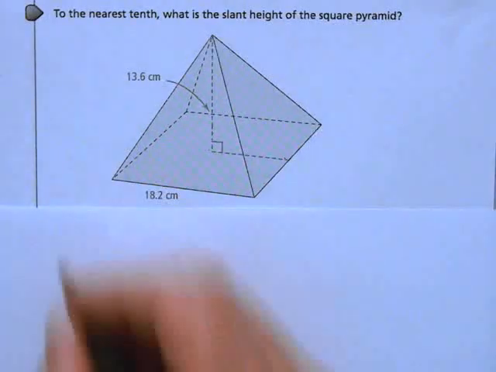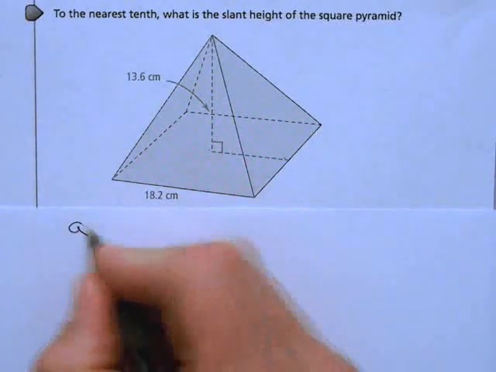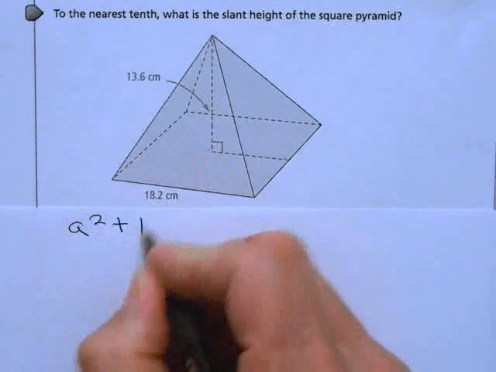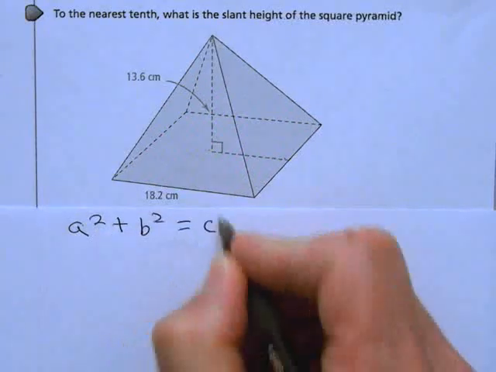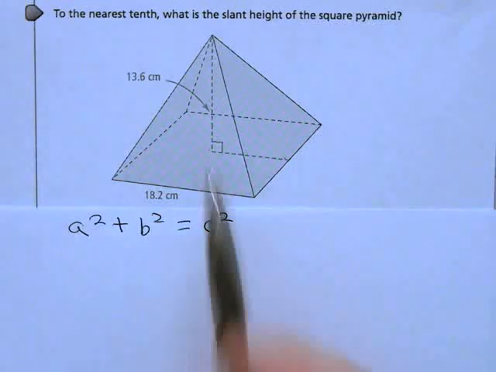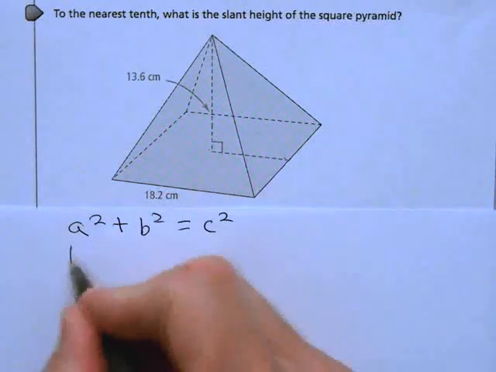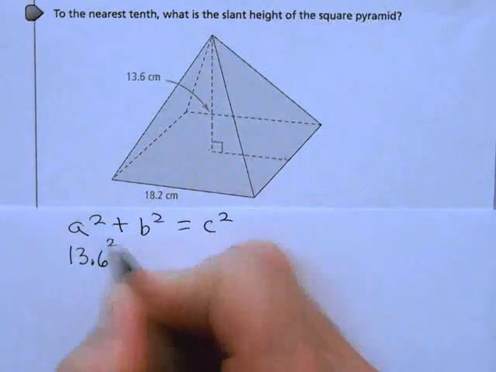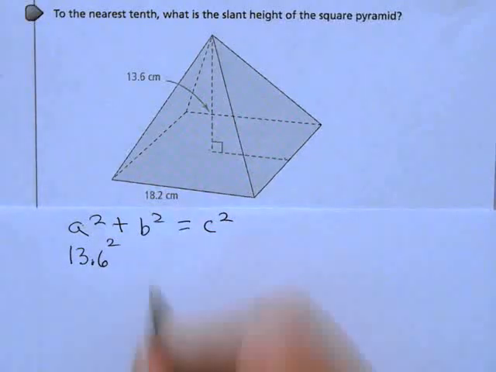And as I said, it's a right triangle, so you know that you can use the Pythagorean theorem. A squared plus b squared equals c squared. All right, well, let's start with a. I'm going to say that this is a at 13.6 squared. And what am I going to use for b squared?